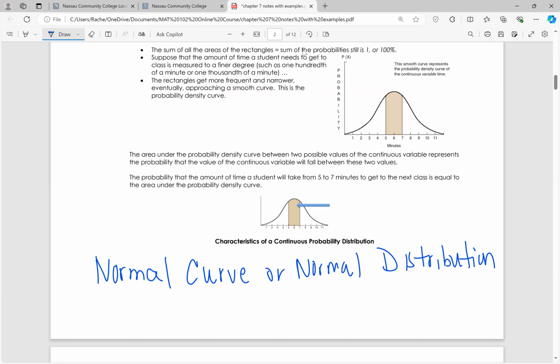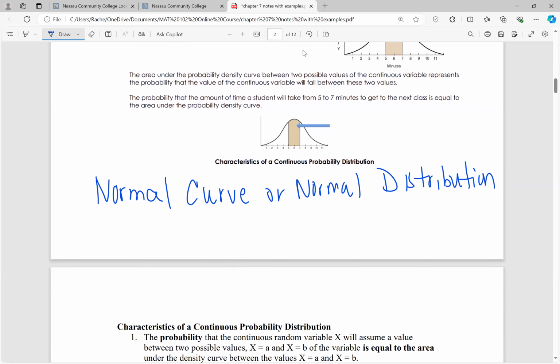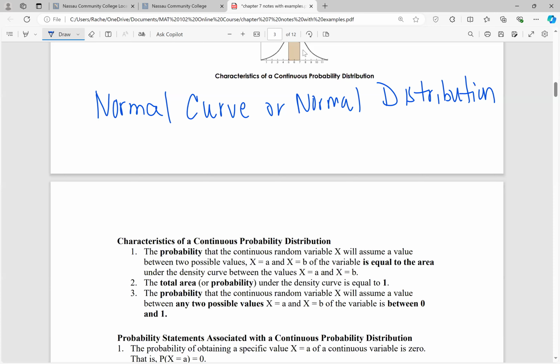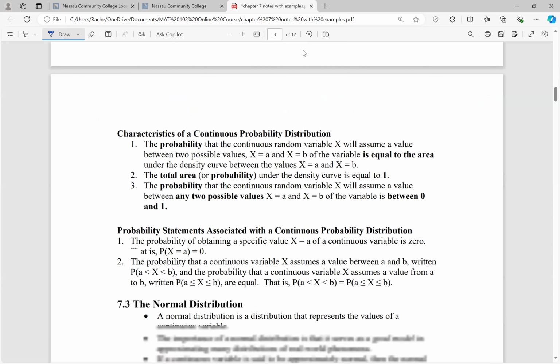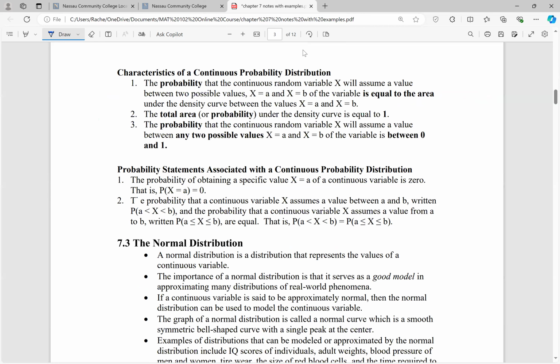And what we're going to do in the next lesson is I'm going to teach you how to use this table of areas to find an area under the smooth density curve called the normal distribution. In the meantime, I want you to read over the characteristics of these continuous probability distributions. Then we're going to talk about the normal distribution, and I'm going to show you how to use the normal table. So in the next lesson, I'm going to show you how to calculate areas under the normal distribution.